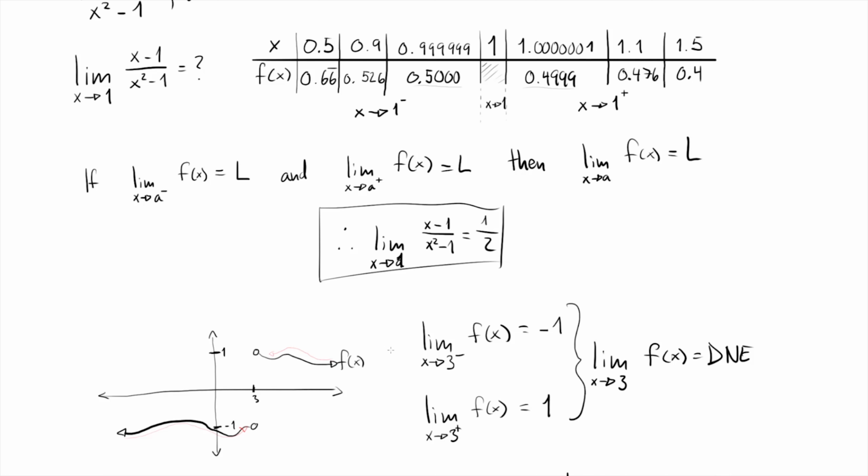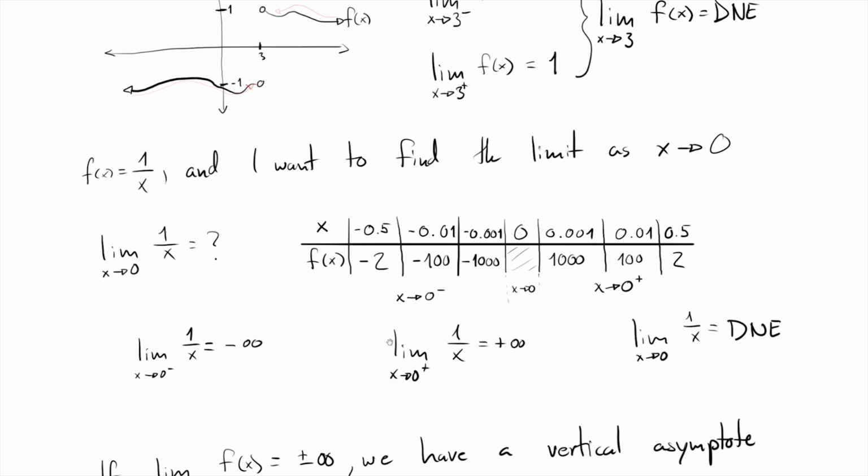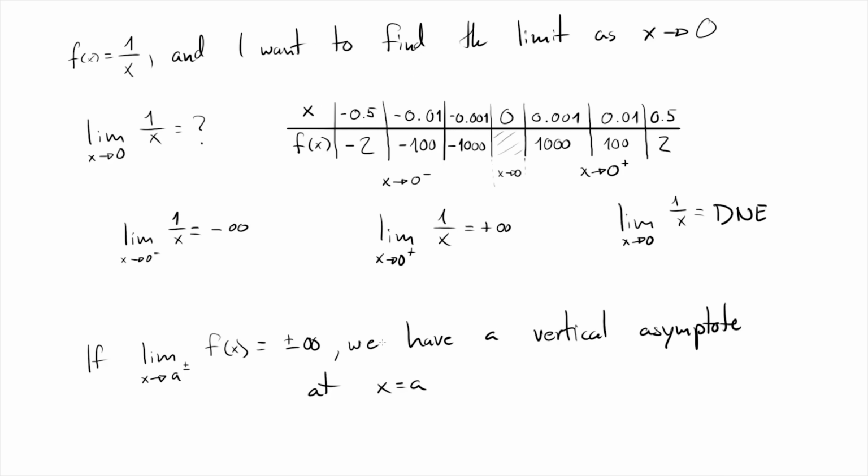And then we showed that it's actually possible for those values to not be the same, in this case where we had -1 and +1. And then we also found out that limits can go to positive and negative infinity. And in that scenario, that means that we have a vertical asymptote wherever that limit is. Okay, so that's everything for this video.